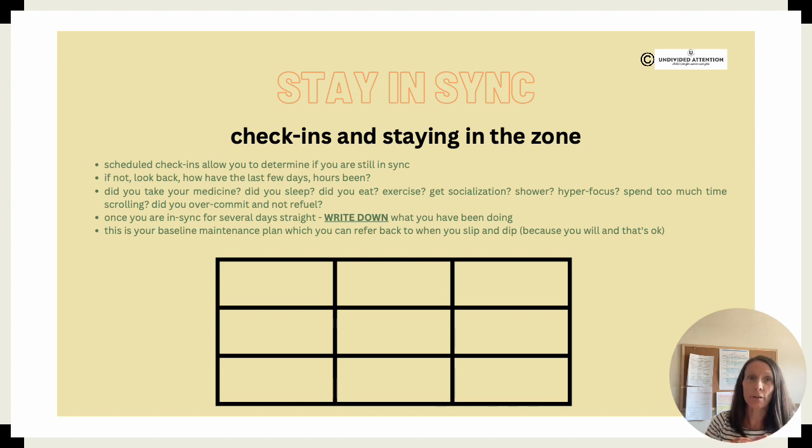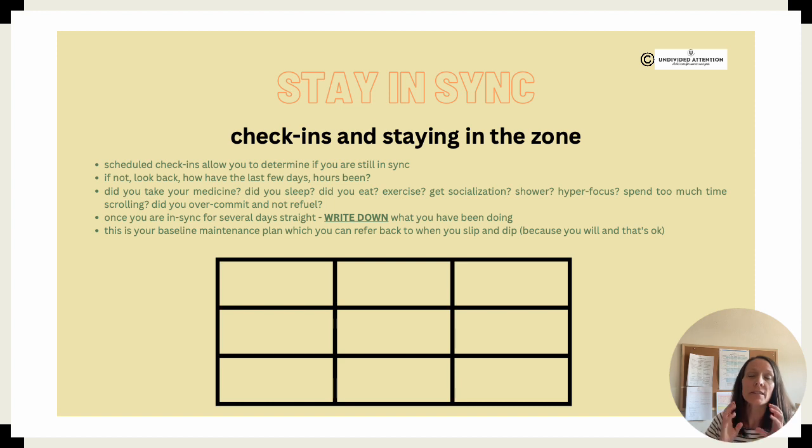Scheduling check-ins is really important, and it allows you to determine if you're still in sync with where you think you should be throughout the day. This can go back to using time blocking as a way of planning out your day, or any other system that you're using to figure out what you should be doing and when.